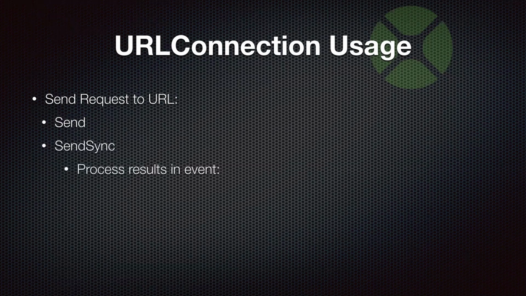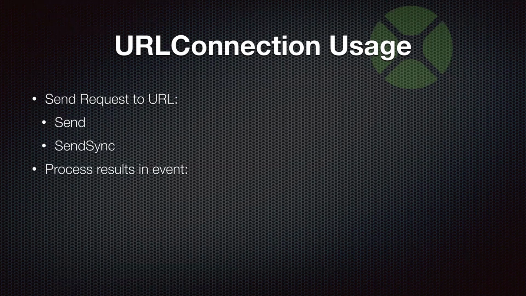So overall usage, how do you go about using this? Well, once you get a URLConnection set up, you can just put one on a window layout if you want. You'll send the request to a URL, and you can use the Send method for that or the SendSync method if you want to send synchronously.